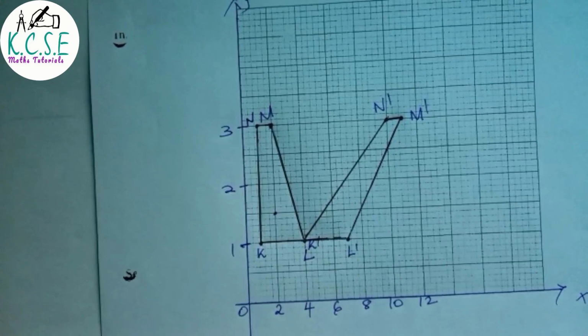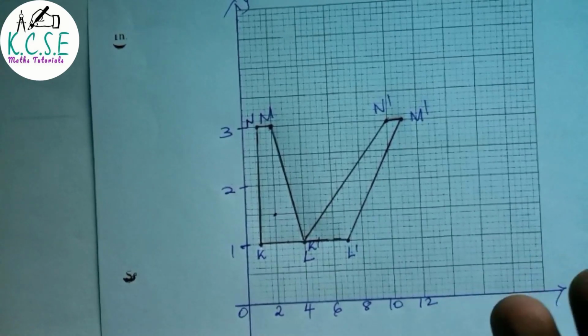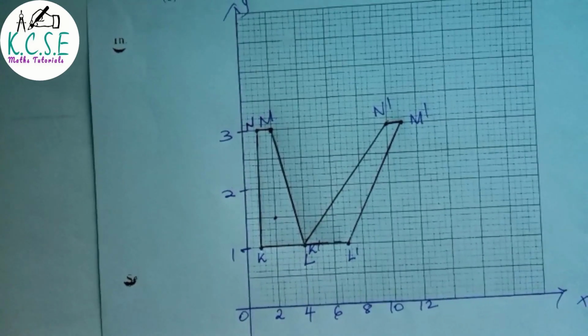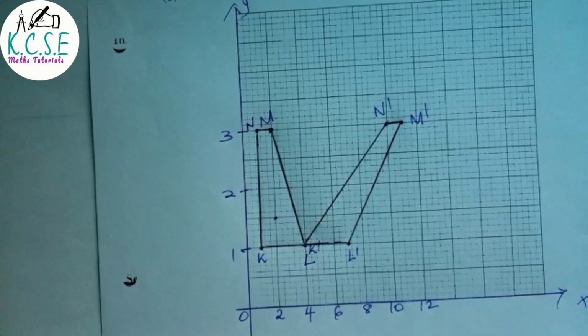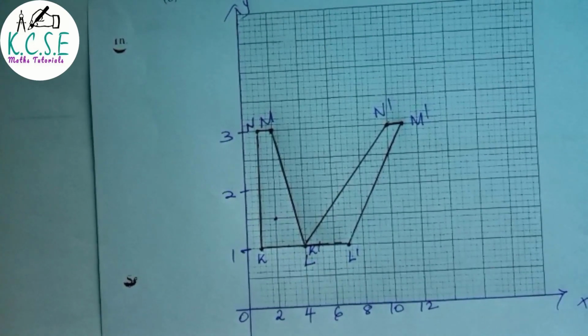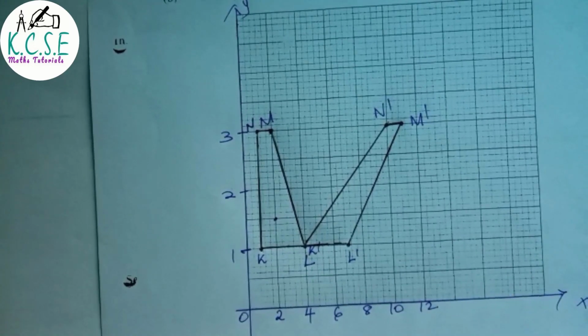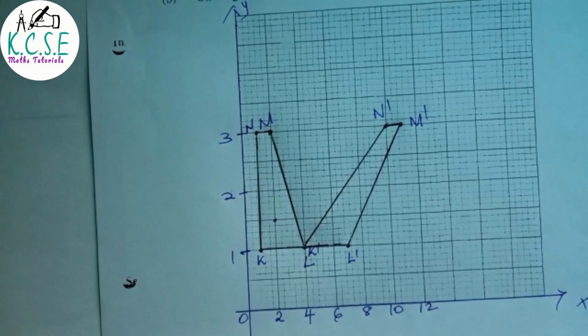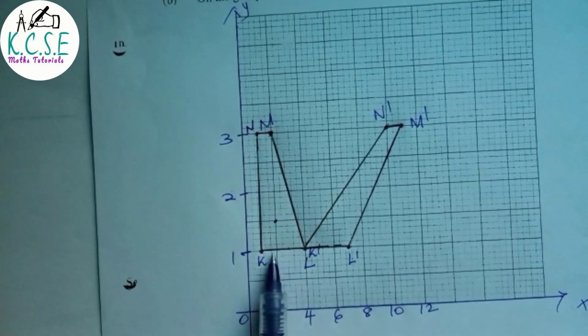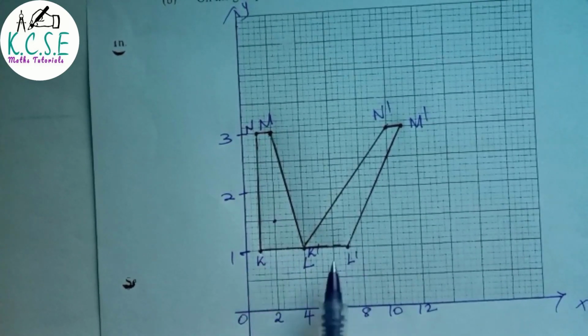So you notice this is a shear, and I've said this so that for you to understand the type of transformation, you need to understand all the transformations and their basic properties. That will help you when you look at the object and the image to understand which transformation this is. So this one is a shear. Now, why is it a shear? Because it seems to have an invariant line.